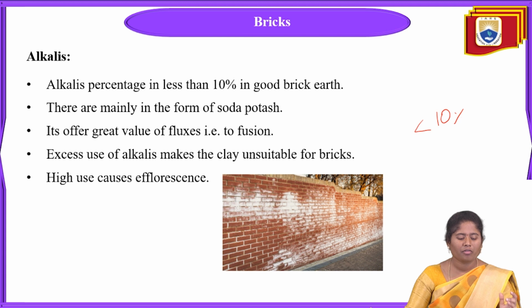In alkalis we add less than 10% for good brick earth. Mainly these are in the form of soda and potash, in a powder-like form. These alkalis can be used for the manufacturing of brick.